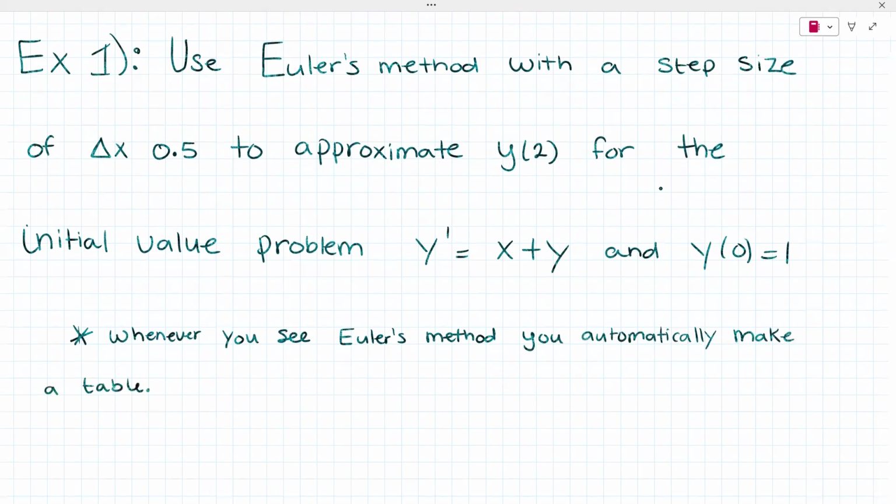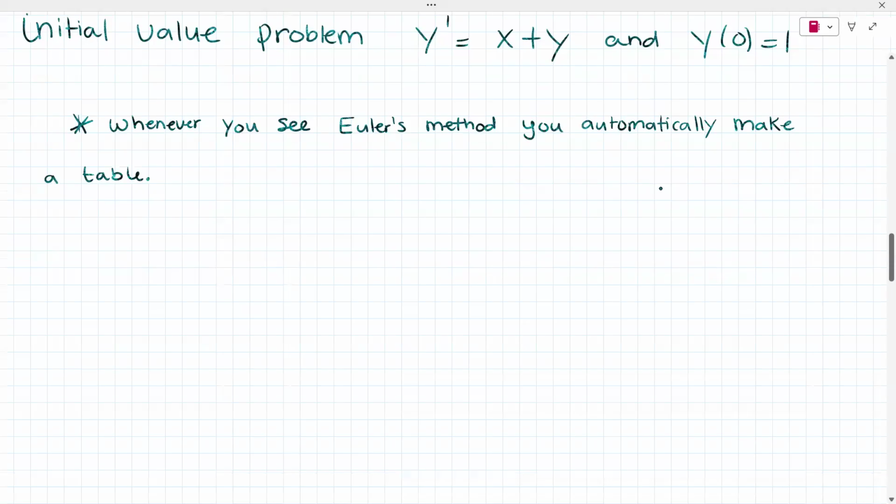Okay, let's go ahead and make a table. The first column would be x, the next column would be y, and then our next column is, let me write it out.